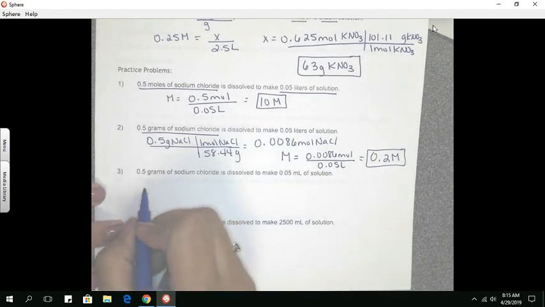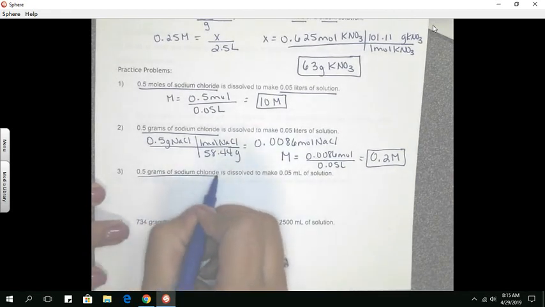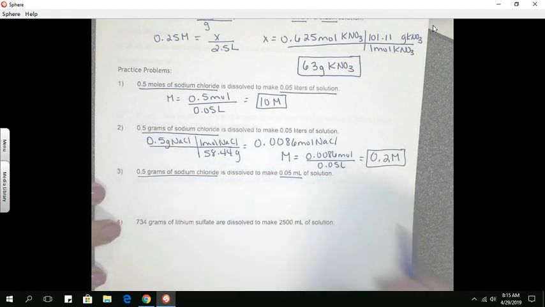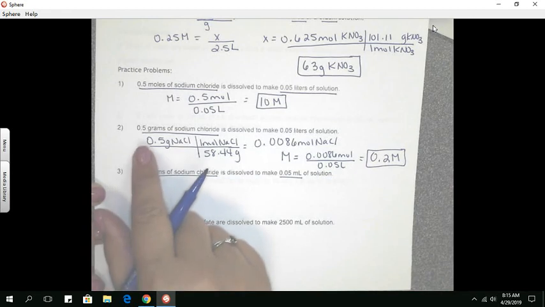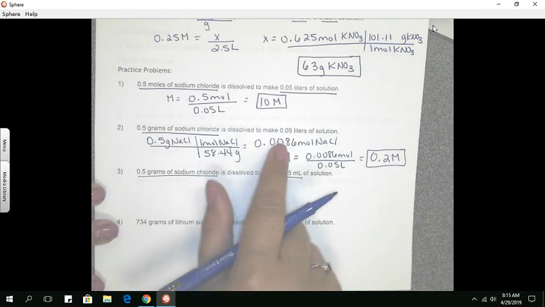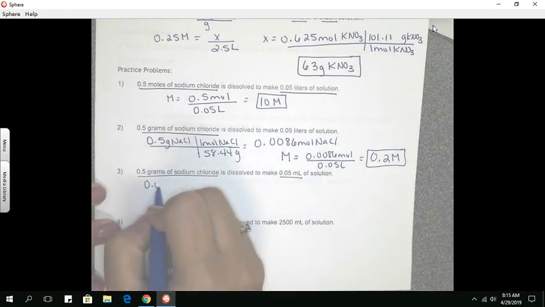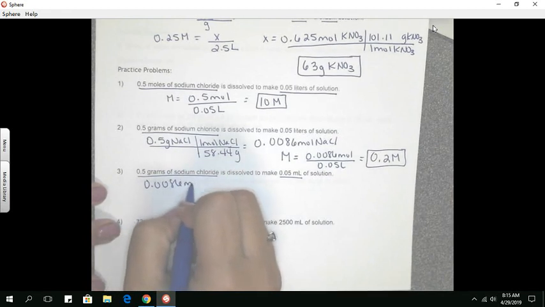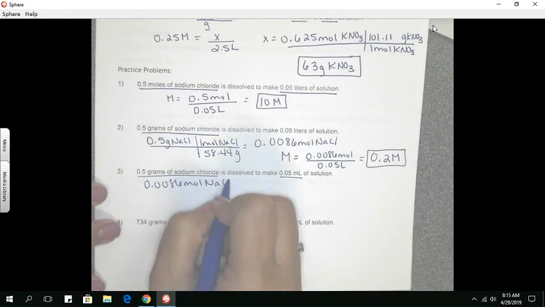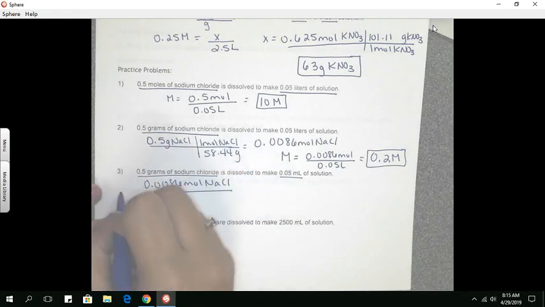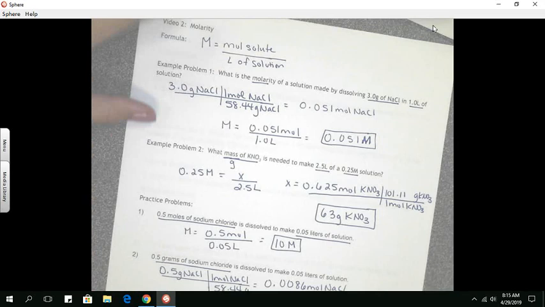Alright, so the next one, we have 0.5 grams of sodium chloride dissolved in 0.05 milliliters of solution. So since this is the same mass as we did in number 2, our moles are the same, and so that's 0.0086 moles of sodium chloride. To find our molarity, we need to divide by, remember, liters of solution.